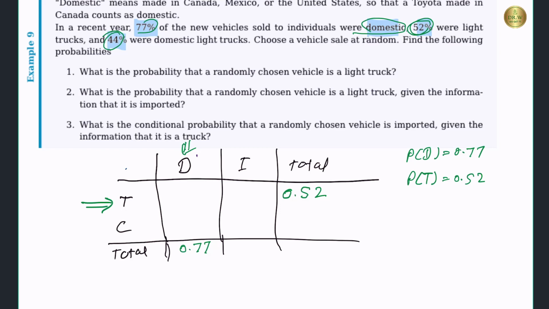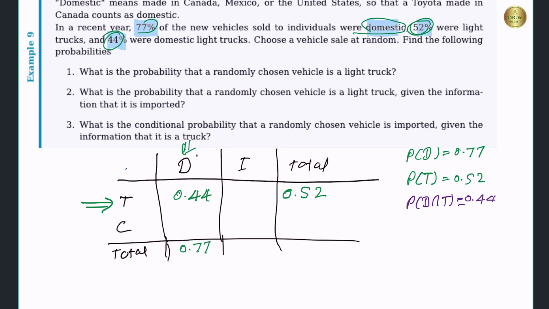If you write down here in notation, probability of domestic and truck, that is 0.44. So in the table we know this is the domestic and this is the truck. Therefore the domestic light truck is here, 0.44, that is the intersection of domestic and light truck. These are the only pieces of information we have.